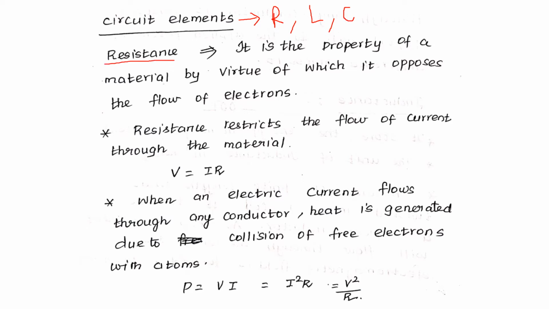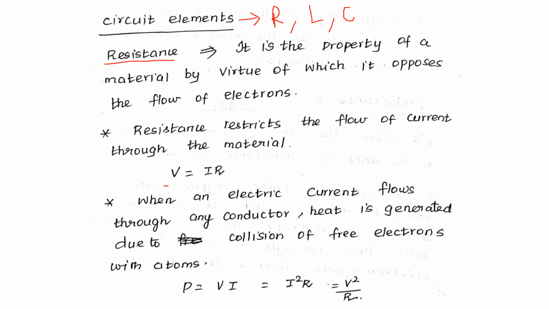Okay, first of all we are going to see what is resistance. It is a property of a material by virtue of which it opposes the flow of electrons. Resistance restricts the flow of current through the material.